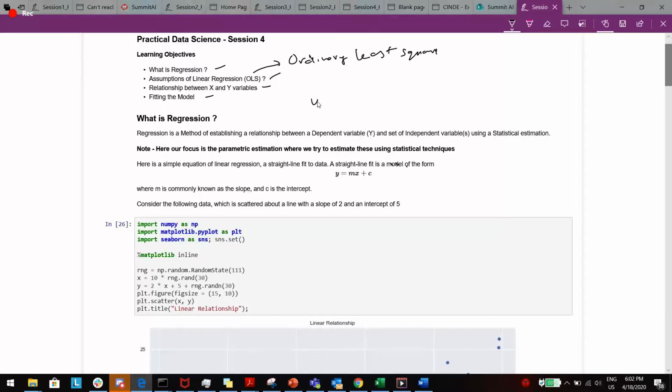So if we consider y as a function of x, here I am referring to y as a dependent variable, I am calling it as DV, and x may be a single variable or a set of variables. Now x can be, say, x1, x2, and so on till xn, where n is the number of predictors while we are trying to estimate the value of y.